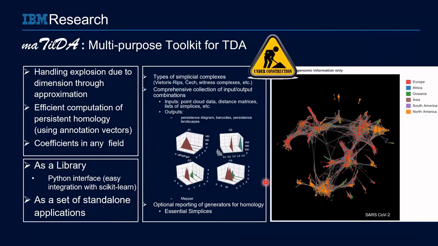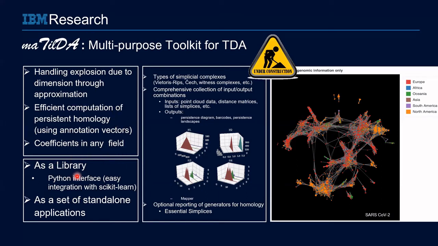The toolkits for AI and machine learning probably are more ubiquitous than TDA. So we are working on a multipurpose toolkit for TDA called Matilda. These are the overarching principles for how we handle explosion, how we handle the recursive dimension, and some other technical details like coefficients in any finite field and so on.